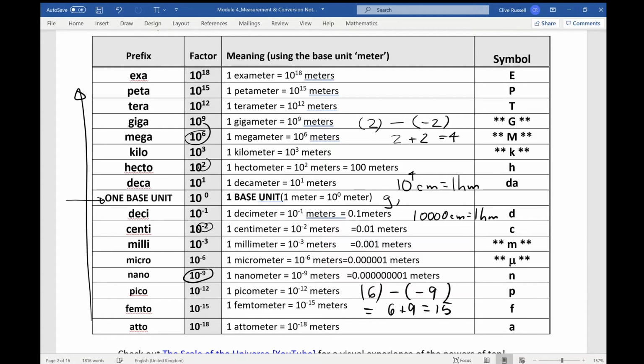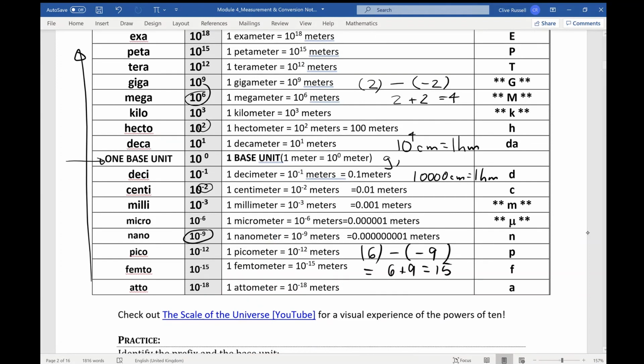So therefore, you can say that 10 to the 15th nanometers is the same as 1 megameter. I'm going to write uppercase M, megameter. And this is the same as a 1 with 15 zeros.